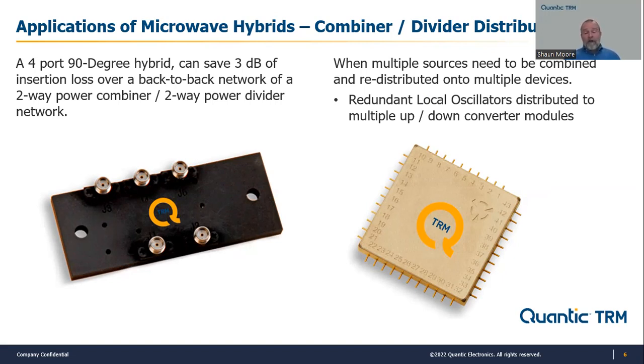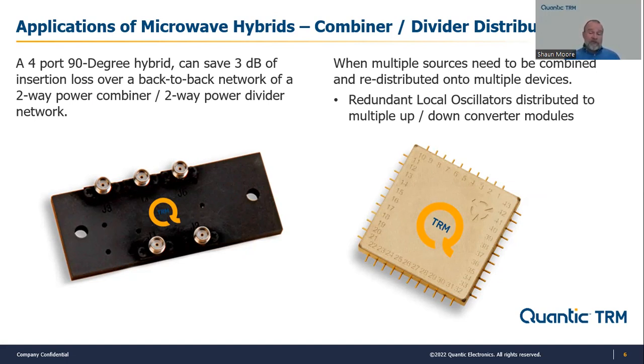Both examples that are on the screen here have two inputs where they need to be isolated from each other. So if you take the input of a 90-degree hybrid, one of those two inputs will be isolated from each other. And then you're going to divide that same signal by 3 dB going out in another direction. You can then further split that off into more different splits.